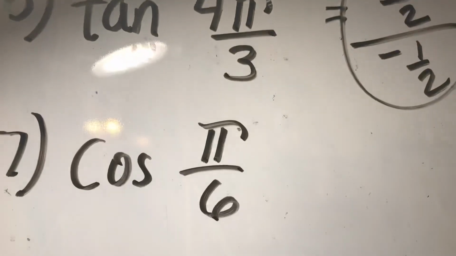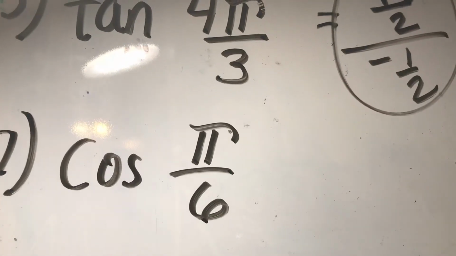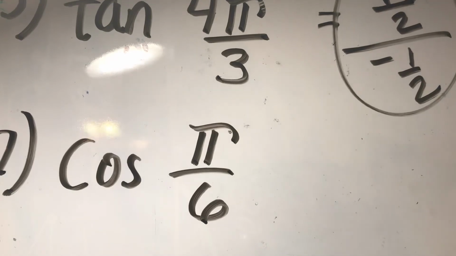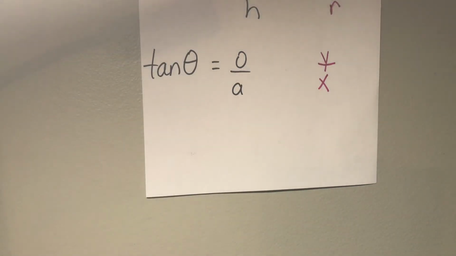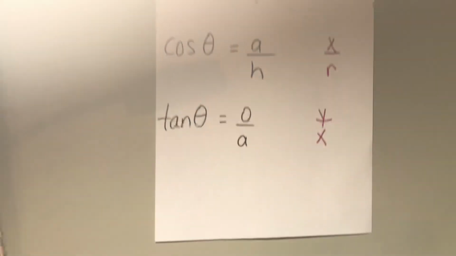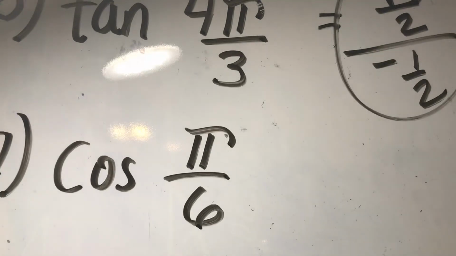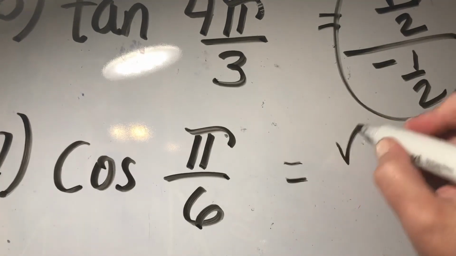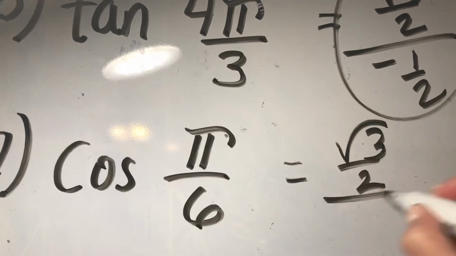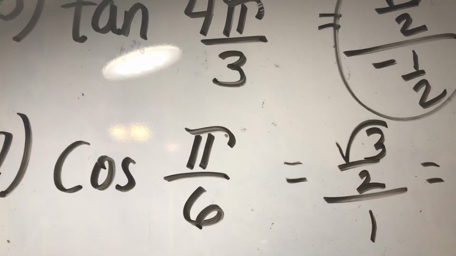Number 7, the cosine of pi over 6. When you go to pi over 6 on your unit circle and you look up cosine, cosine is x over r. The x value is the square root of 3 over 2. The r value is 1.